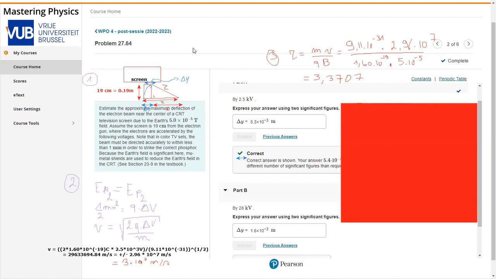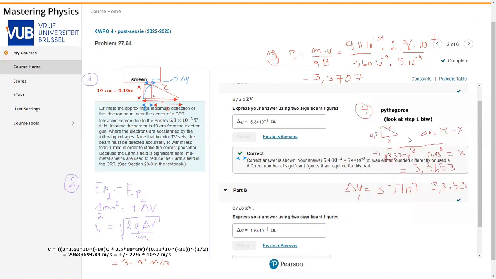Then you also have the fourth exercise. The fourth exercise is the last step, you know what I'm saying? What I did is just use Pythagoras. You have the triangle, and you just have to find the longest side and the short edges.